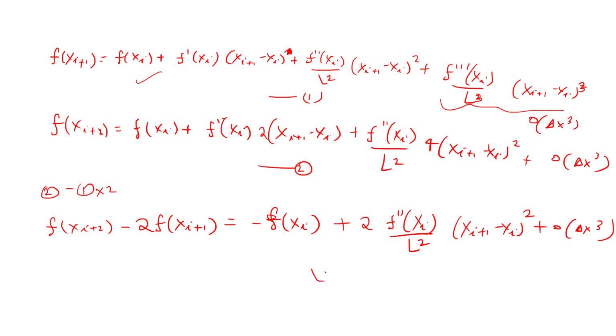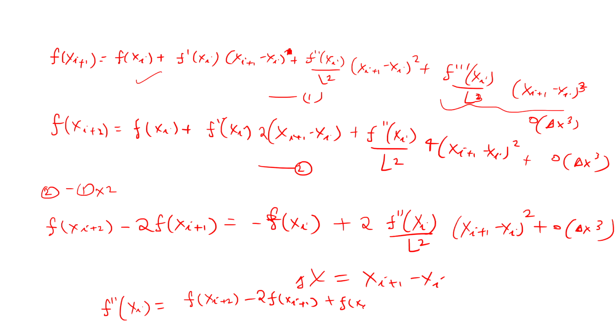Now I am taking delta x as xi plus 1 minus xi. So this becomes f double prime xi is equal to f of xi plus 2 minus 2 times f of xi plus 1 plus f of xi, upon delta x square, plus order of delta x.